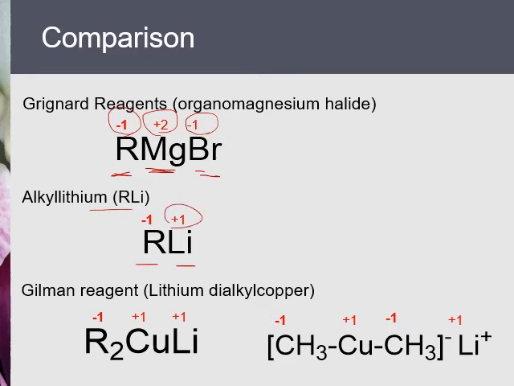Lithium ion is 1+, carbanion is negative charge. In Gilman reagent, there's a copper connected to two alkyl groups. Both are carbanions. Copper is 1+, and there's a lithium ion to balance the charge.